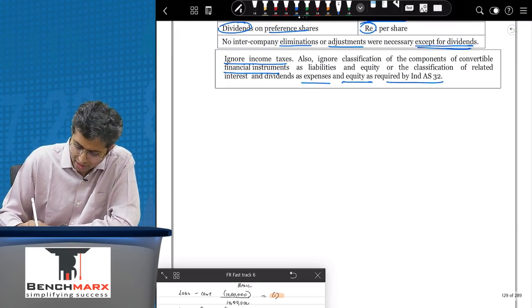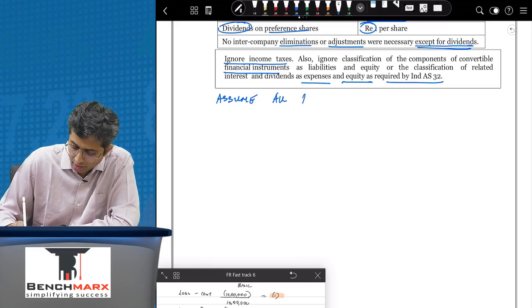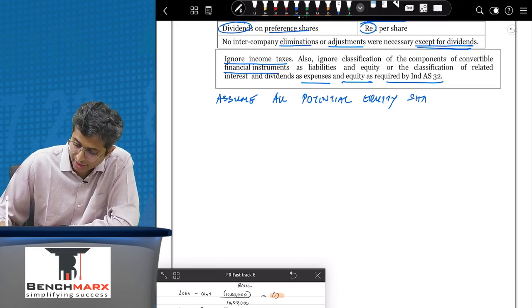Add one more line. Assume all potential equity shares are dilutive.